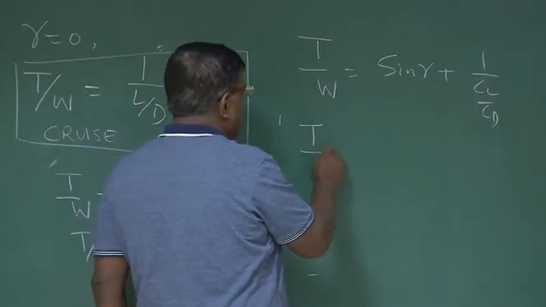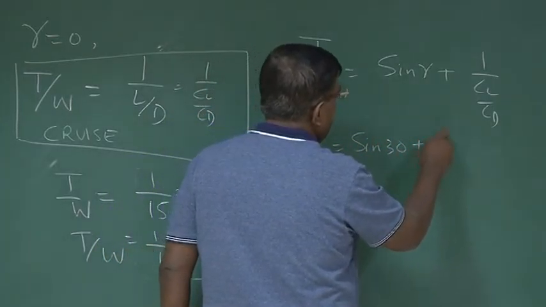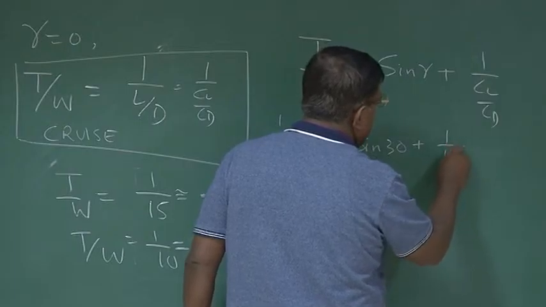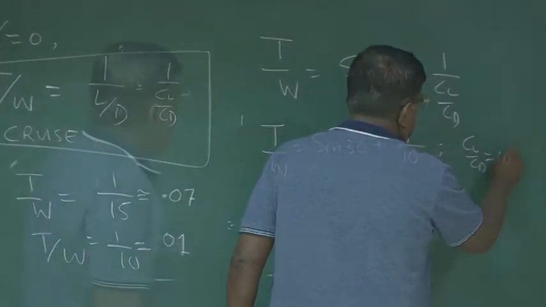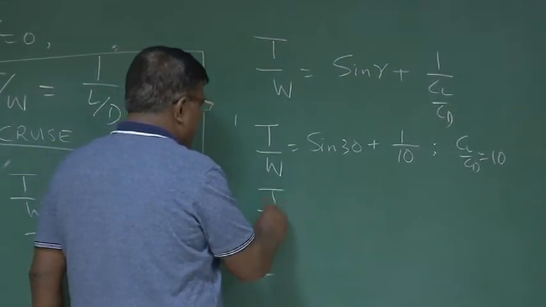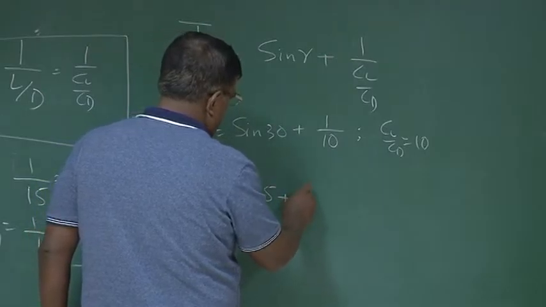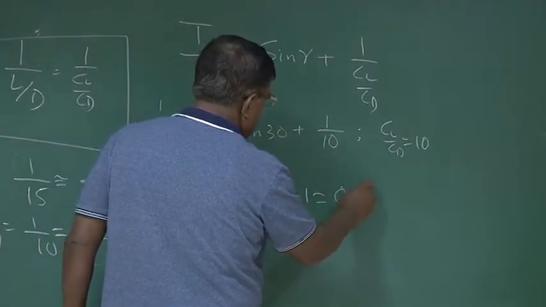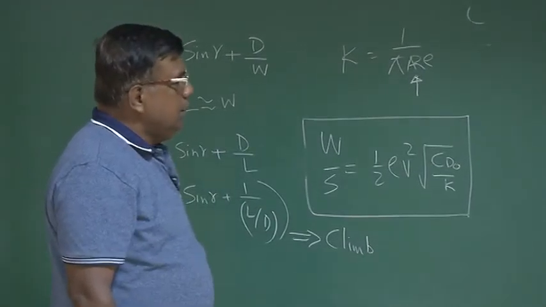So T by W equal to sine 30 plus 1 by, let's say CL by CD is 10. Then T by W is coming to 0.5 plus 0.1, 0.6. Do you see the difference?